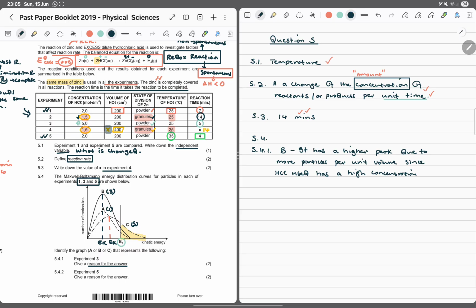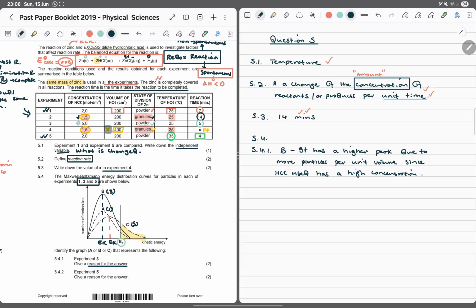So the peak here, or the average, is much higher because it has a higher peak due to more particles per unit volume, since HCl used has a higher concentration, while all three have the same amount of particles of zinc.